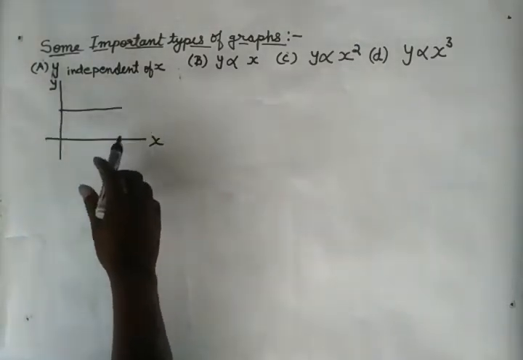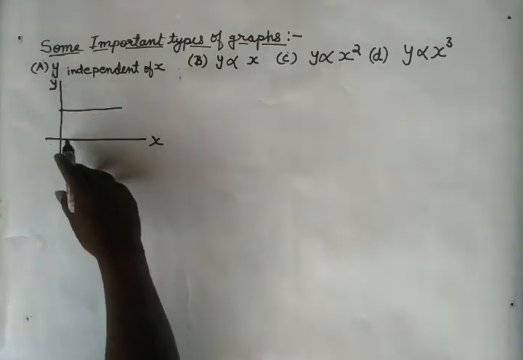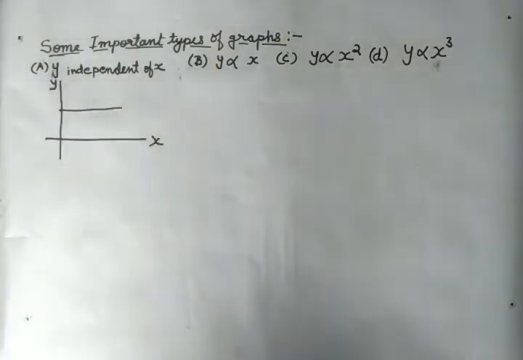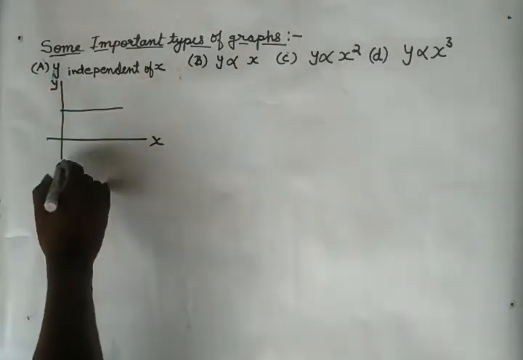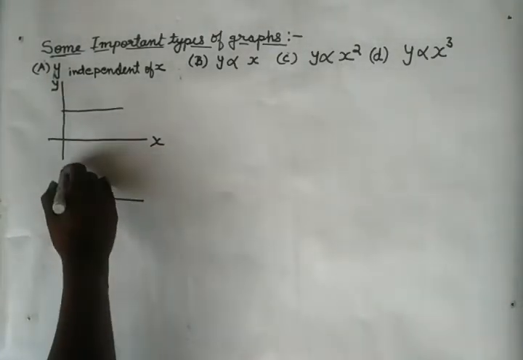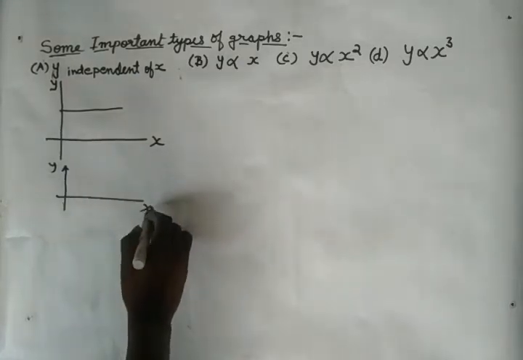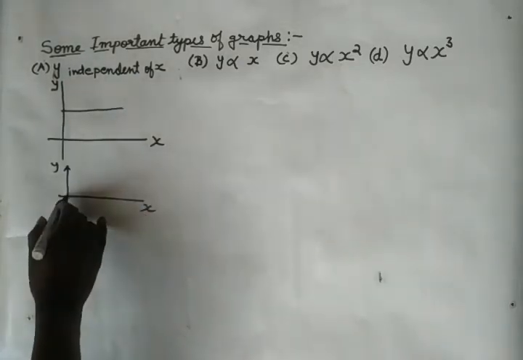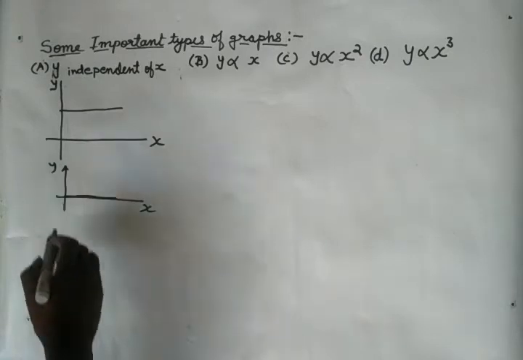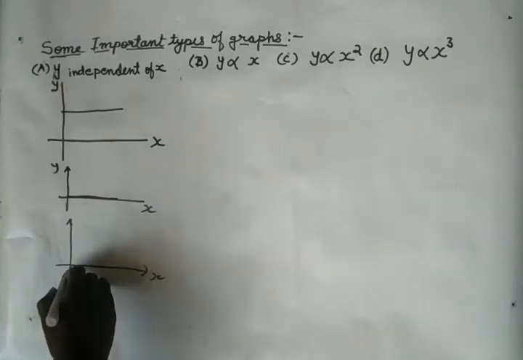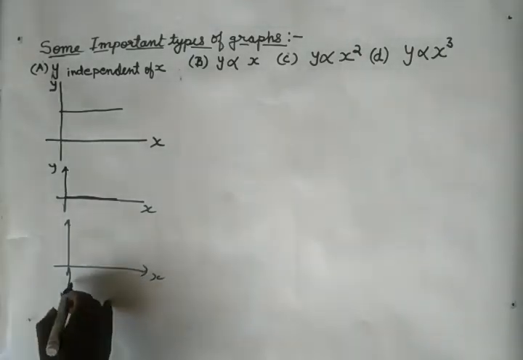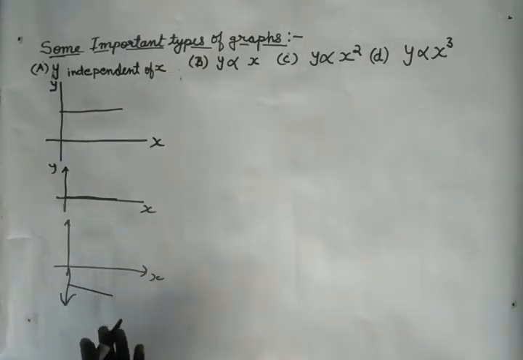Actually y is not increasing, it is x increasing, y is at its position. So an independent graph can be like this, it can be like this also. Let us suppose y is 0, it is independent of x, so whatever be the value of x, it will remain y.